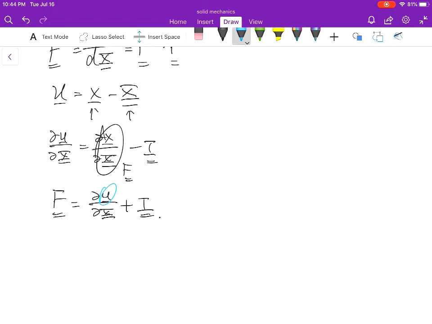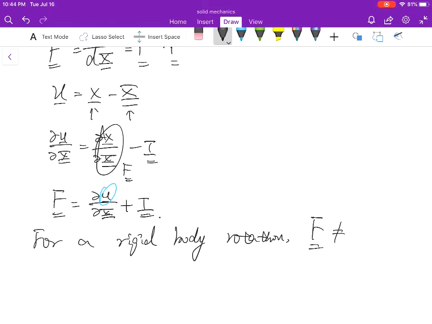So for rigid body rotation, F, the deformation gradient tensor, is not equal to the identity tensor.